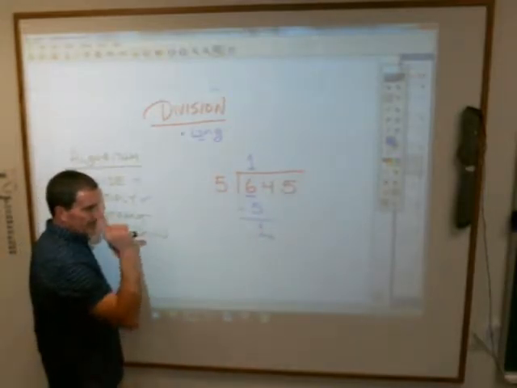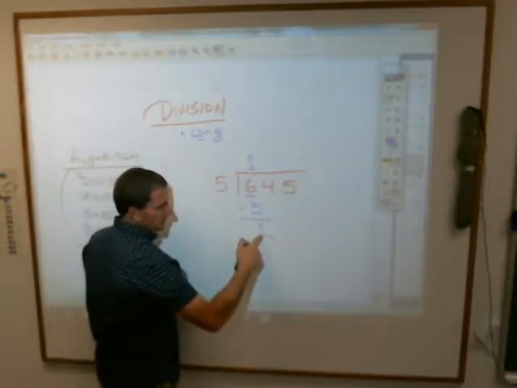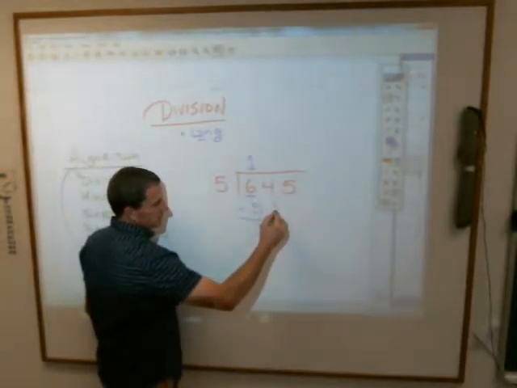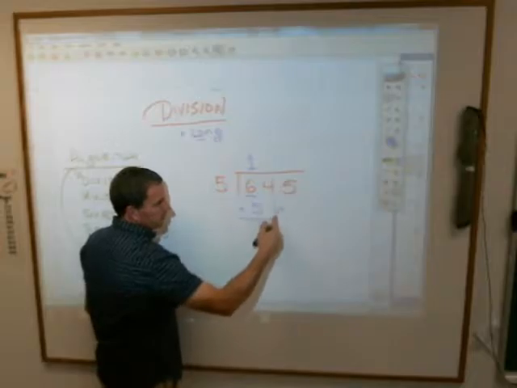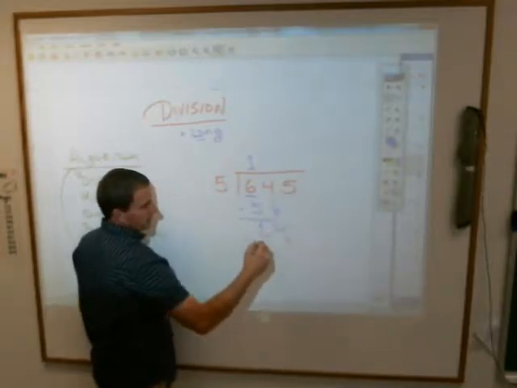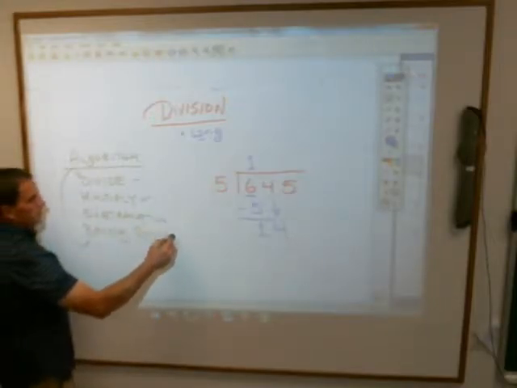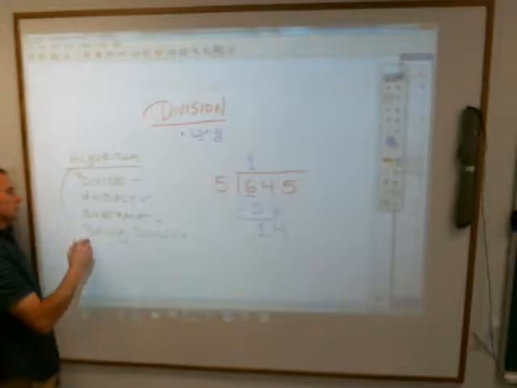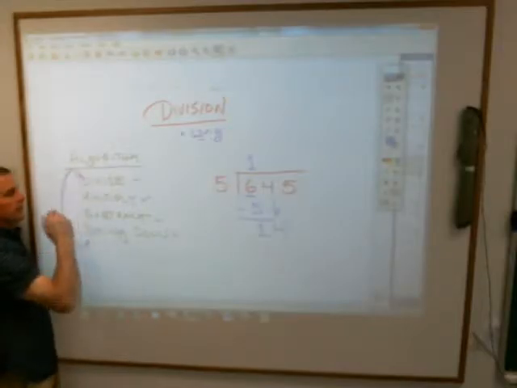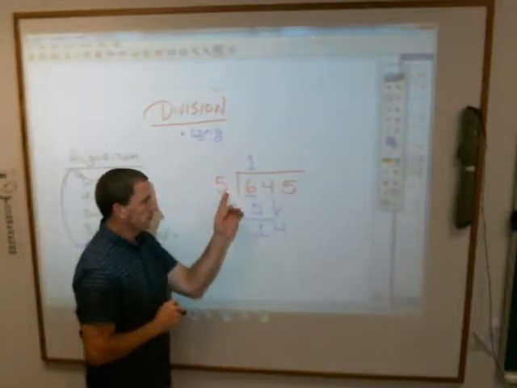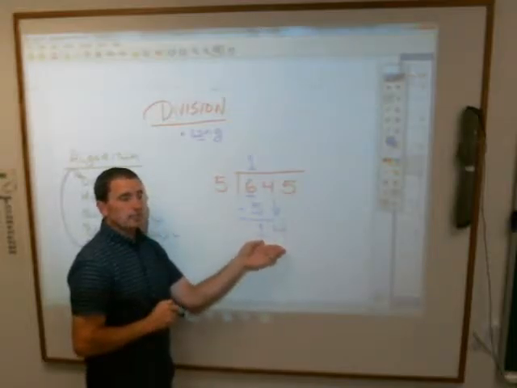Once you get to this subtracting step, your next step is to bring down. And I want to see you put an arrow there as you bring that number down. Then the whole cycle starts all over again, but you use the number that you ended up with when you subtract.